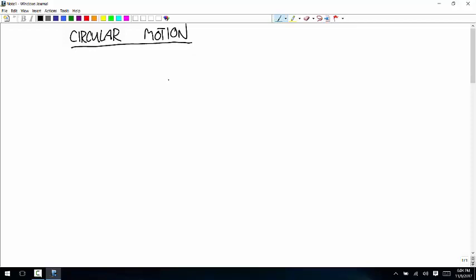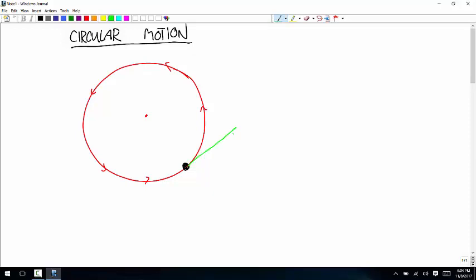So you think about an object moving in a circle. Let's say the object's right here, and let's say it's going counterclockwise. We already know that the velocity vector is tangent to the path.